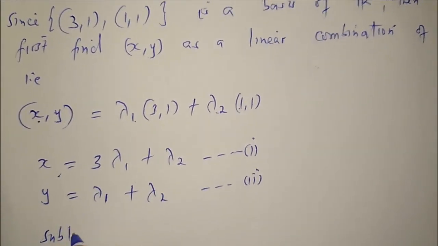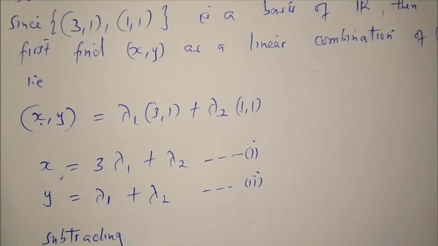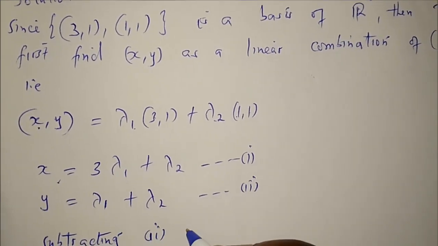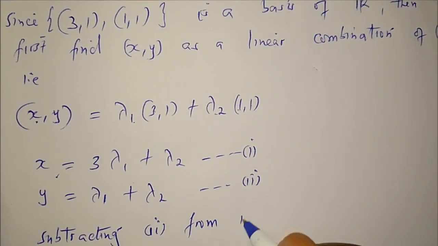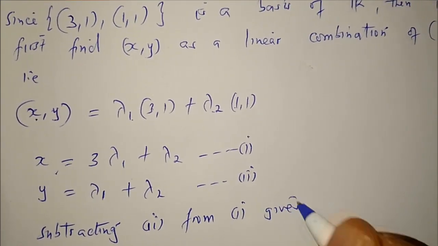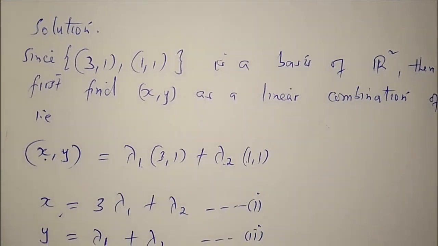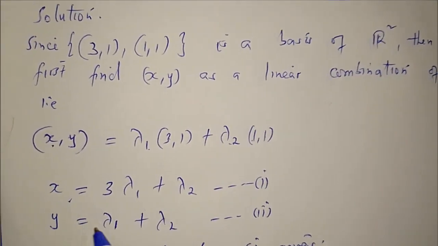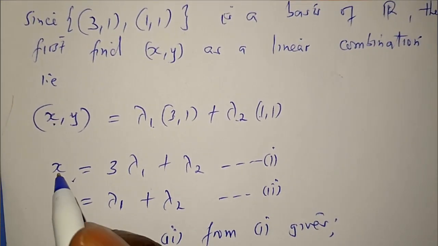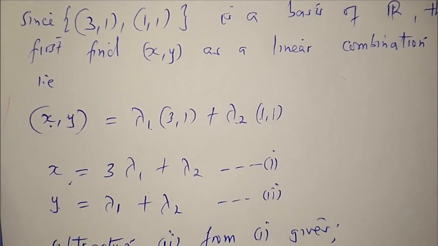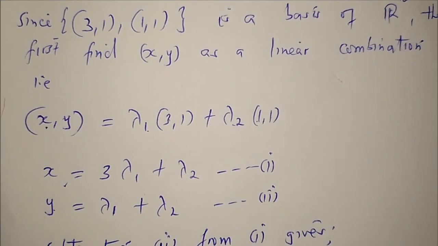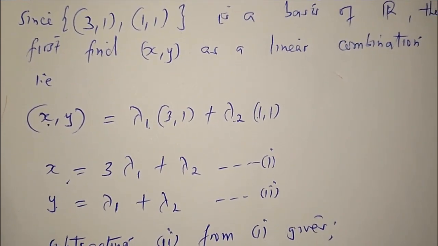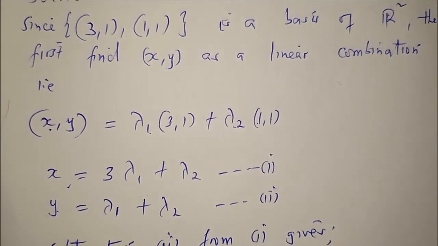So subtracting equation 2 from equation 1, it gives x minus y is equal to 3 lambda 1 minus lambda 1, which is 2 lambda 1.